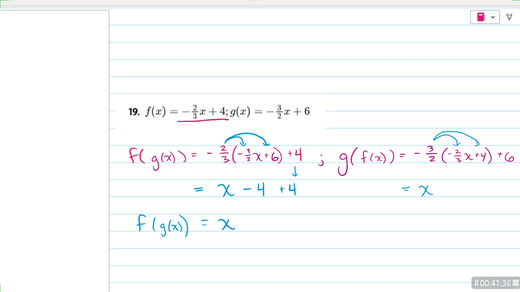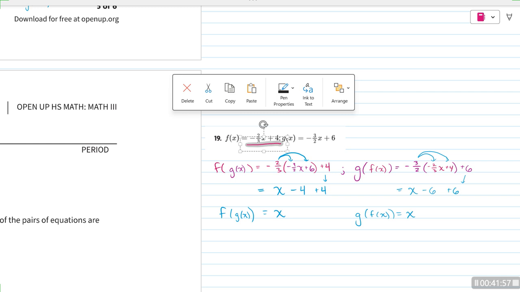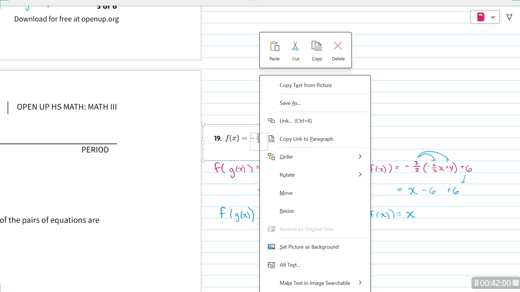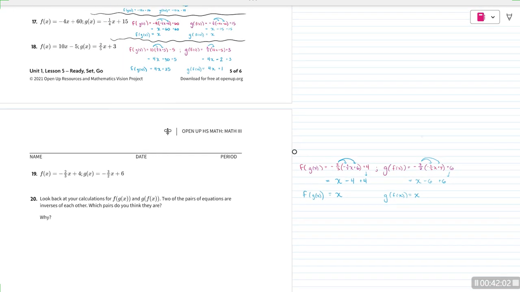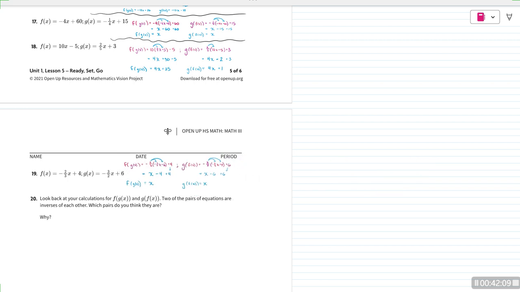Negative 3/2 times positive 4: well, 4 divided by 2 is 2, so 2 times negative 3 is negative 6. And then we still have this plus 6 at the end. So those reduce to x. So once again, we got a function that reduced to just x. So let's move that over, that way if we want to go back and scan up and look at these, we have them right where they're supposed to be.